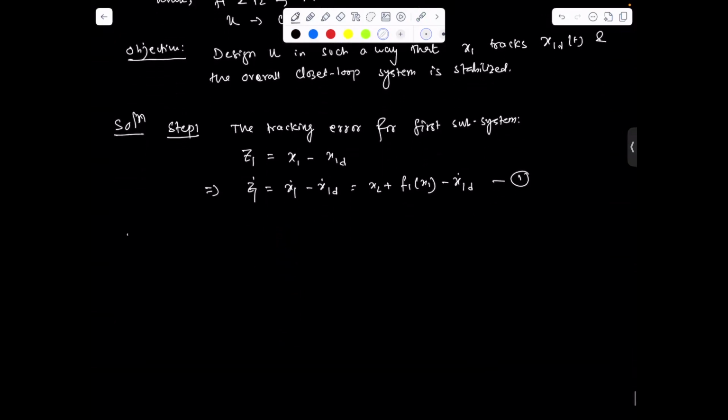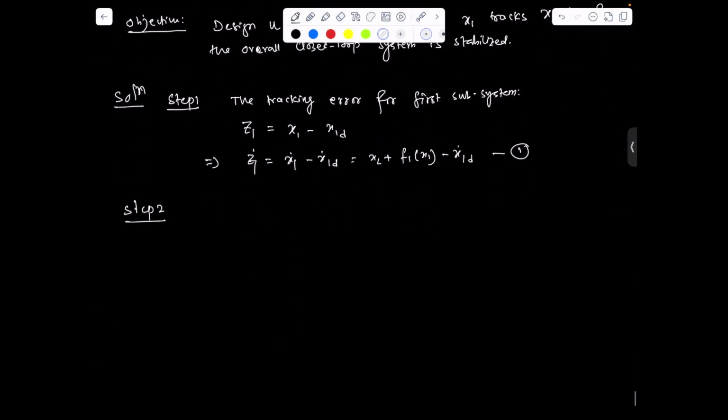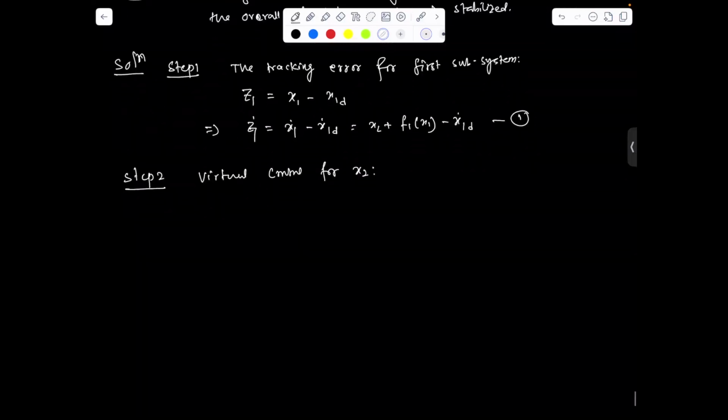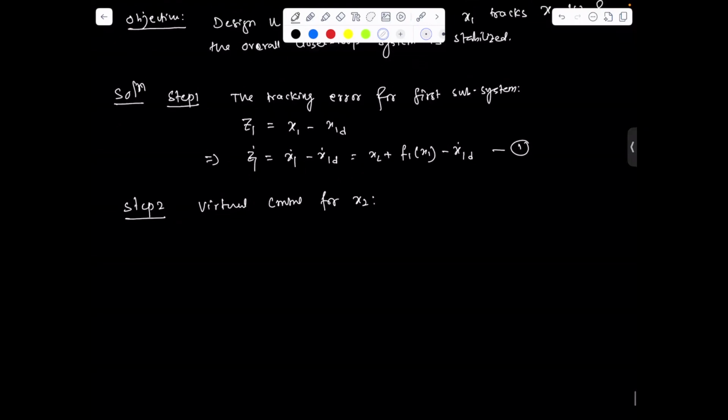Now step 2. Here we're going to define the virtual control for X2. So let's assume this X2 will be the virtual control for the G1 dynamics.